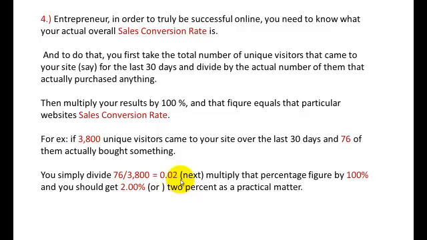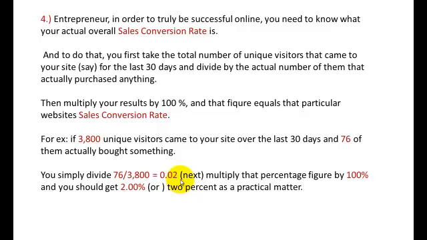So in this particular case, on average, for every 100 people that got exposed to this particular ad copy offer, 2 people out of 100 bought something. So you got a 2% conversion rate.